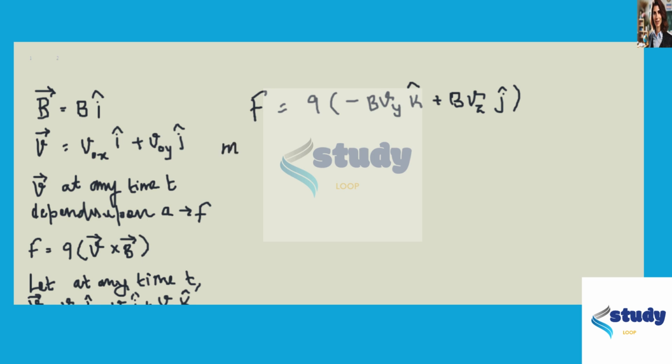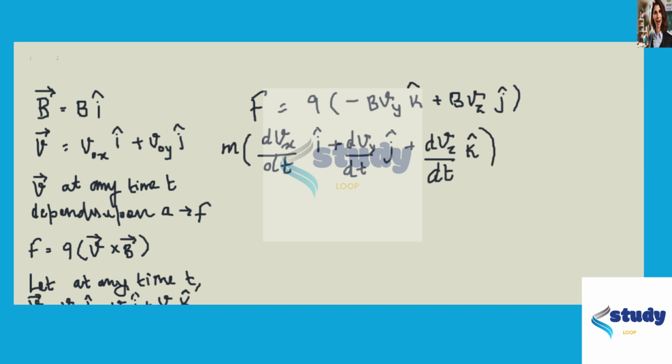So m, the mass of the proton, times dvx by dt in the x direction plus dvy by dt in the j direction, which is the acceleration along j, and dvz by dt, which is the acceleration along z, should be equal to the same force expression.